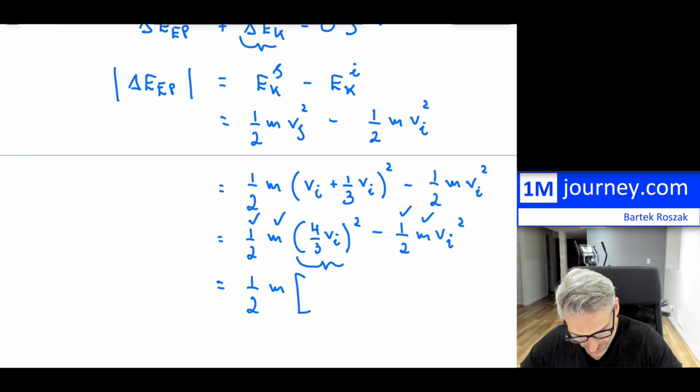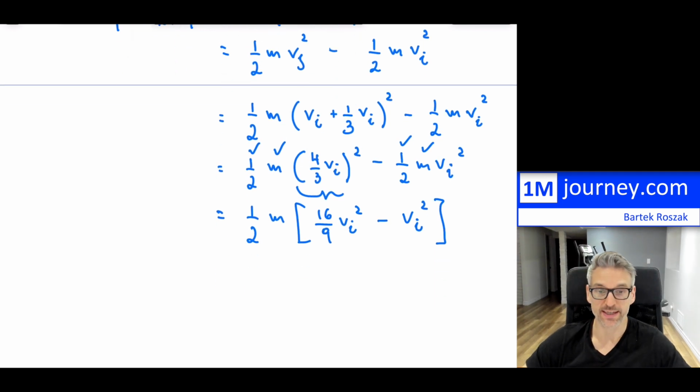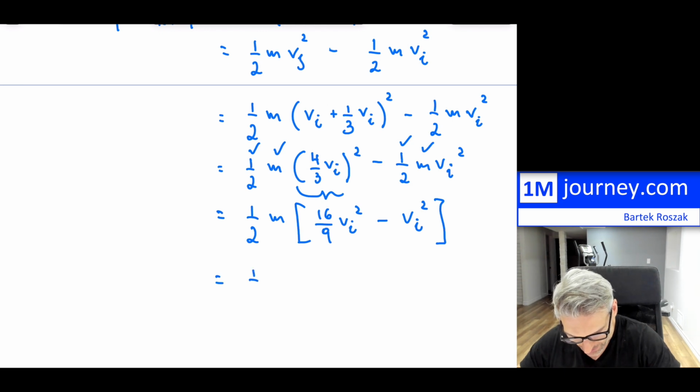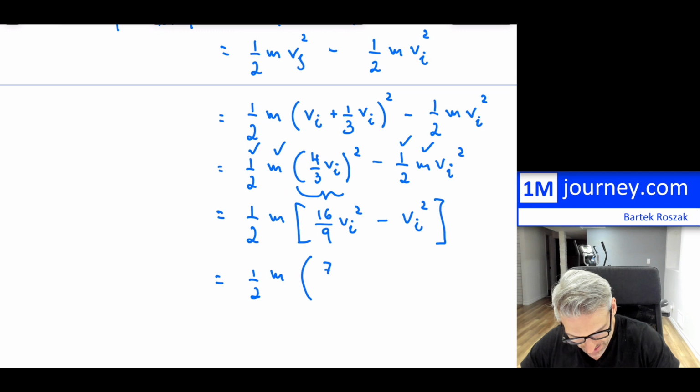If you square that, 4 squared is 16, 3 squared is 9. This is going to be V initial squared minus just V initial squared. These are like terms because you have the V initial squared, so you can in fact take the V initial squared out. So if you do that, this is going to be 16 over 9 minus 1, or with a common denominator of 9, 9 over 9. This is going to be simply 7 over 9 V initial squared.